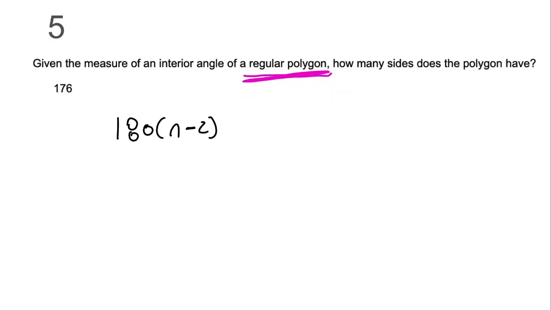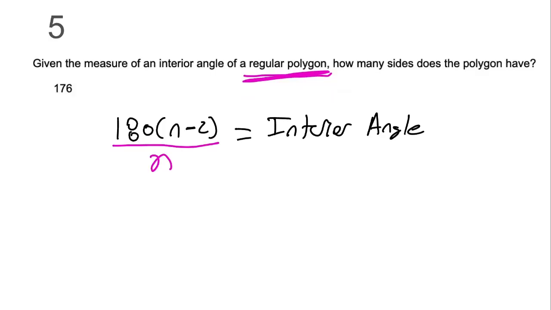The only difference is that for a regular polygon, you actually can find the interior angle. You do that by dividing, sorry, not subtracting, by dividing it by n. This will give you the interior angle, but this only works for the regular polygon.